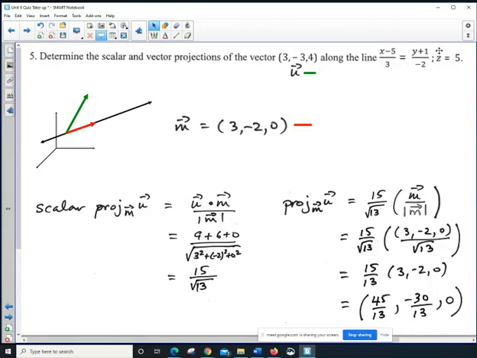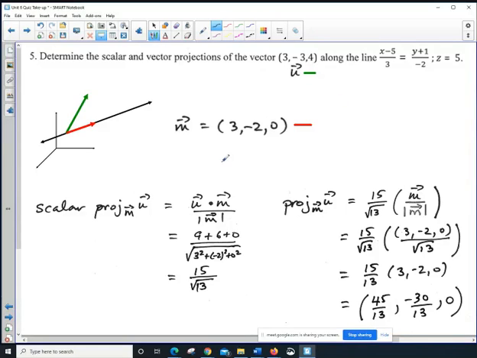Okay, we probably didn't deal with it in the lesson. I think this should have come up in the homework. So when you have symmetric form, let's say the z component of your direction vector is 0, okay? The writing's going to look awful, but I'll do the best that I can.